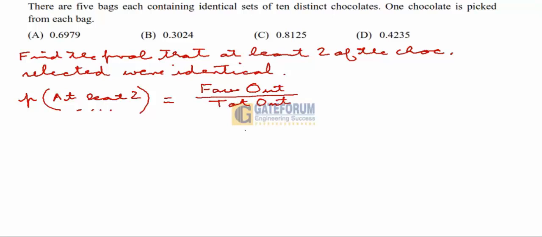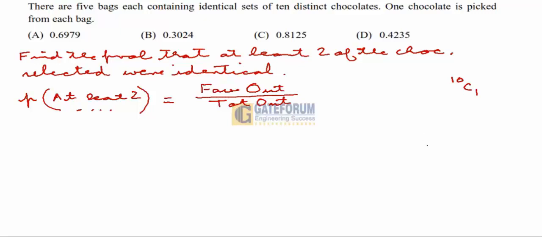Now what are the total outcomes? Yes, let us first discuss that. See, if I select one chocolate from a bag, in how many ways can I do it from bag 1? I can do it in 10C1 ways. In bag 2, once again, 10C1 ways.